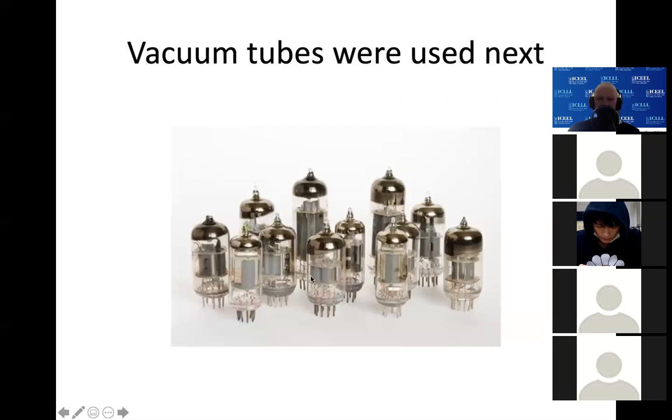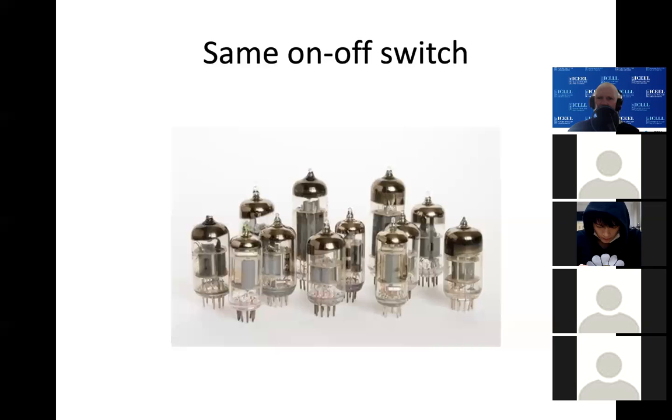Okay, and then later you got these vacuum tubes being used. Again, you get the electrical current going on, off, on, off across these vacuum tubes. And in this case, there's no moving part. It's the same on-off switch, basically. It's either in an on state or an off state, 1 or 0, true or false.